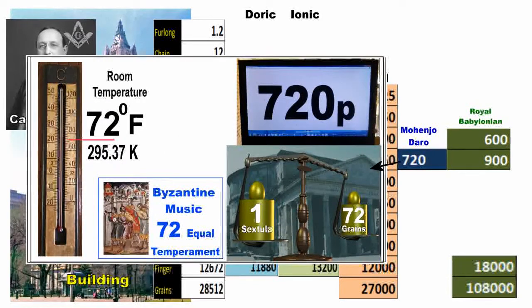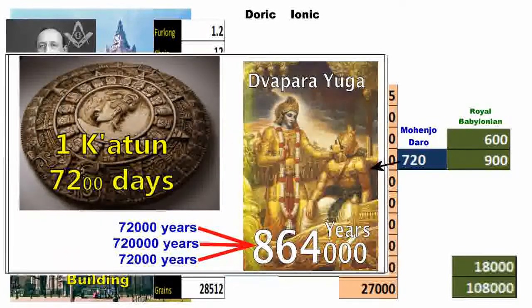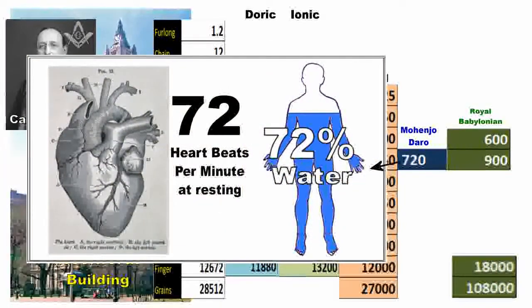Also through modern weights and measures, the most modern computer, 720p screen resolution, ancient Greco-Roman measures, even the not quite ancient, but older thermometer scales, but also cycles of time, for instance, the Mayan calendar, and also back to the yugas, where we see that the Para Yuga 864 breaks down into units of 72. Very interesting as well. So like the heartbeat at resting, 72 beats per minute.